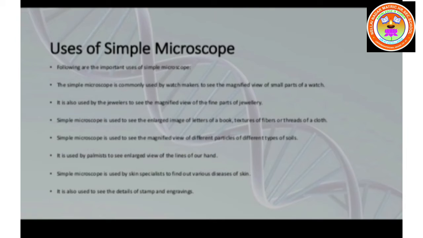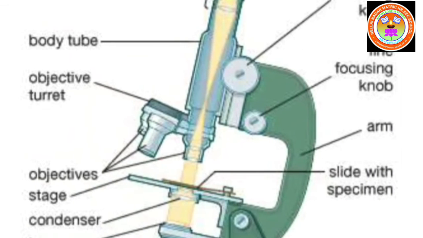Next, let me discuss the compound microscope. The picture shows the compound microscope. A compound microscope is also used to see tiny objects, but it has a better magnification power than a simple microscope.